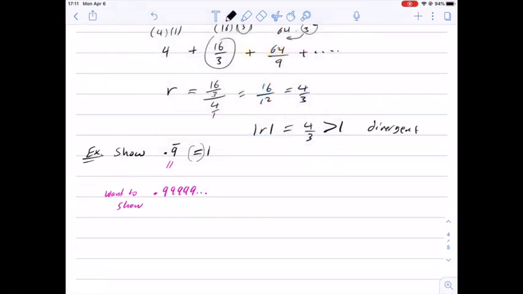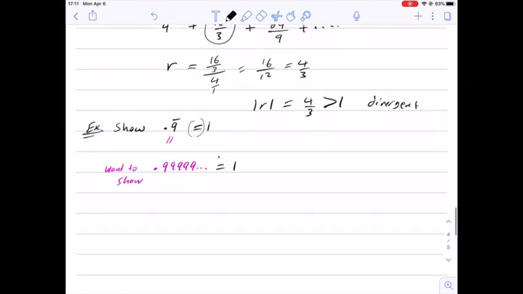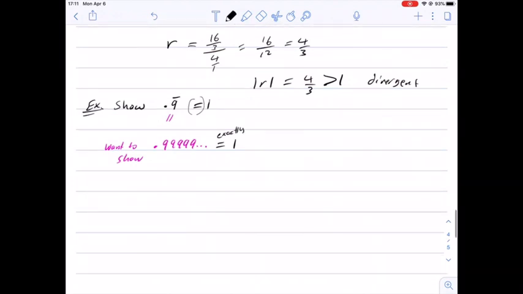We want to show that this decimal is equal to 1, exactly equal to 1, not just an approximation. We want to show this using the concept of geometric series. So we can rewrite this as a geometric series. Let's start with the first decimal place.